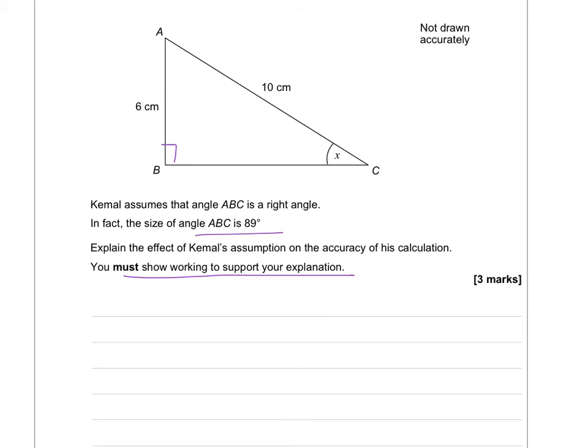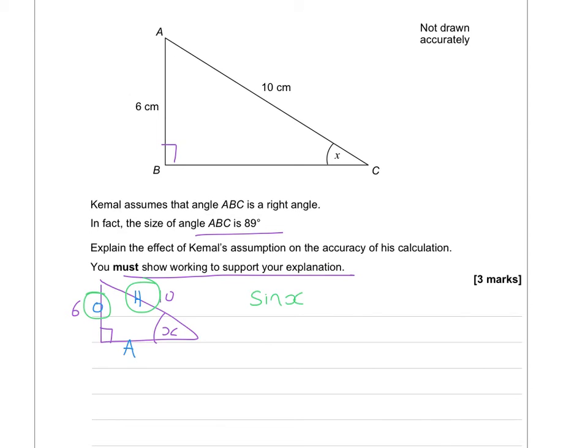Now, let's assume that Kamal does the calculation with a right angle here. It's a right angle triangle. Let's label the sides, hypotenuse, opposite and adjacent. We can see that we are looking at using the opposite and the hypotenuse, so this is a question involving sine.